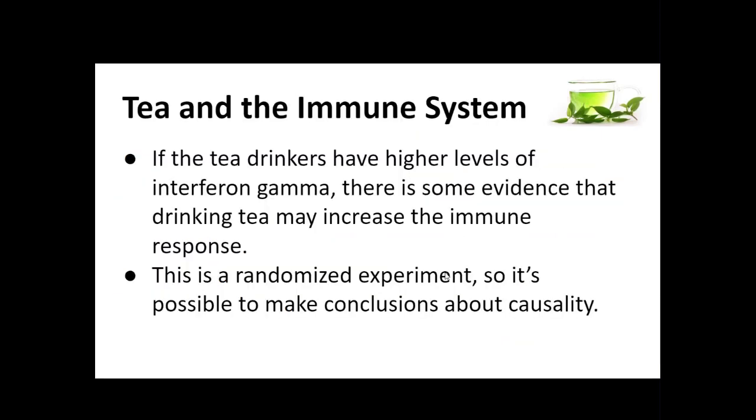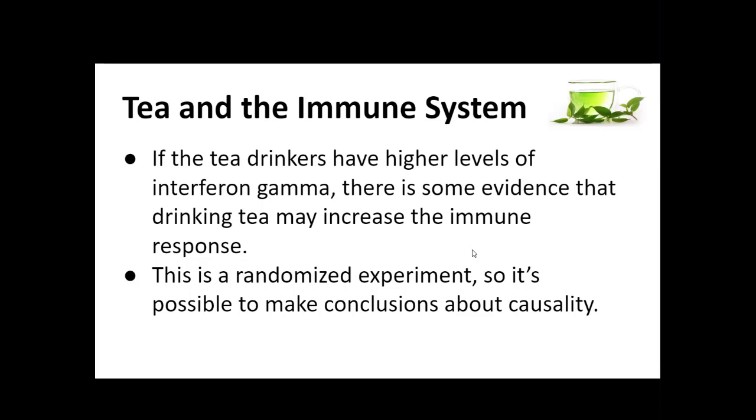Their idea was if the tea drinkers have higher levels of interferon gamma, the substance that shows that the body is reacting to this germ or foreign body, there is some evidence that drinking tea may increase the immune response. Since this is a randomized experiment, it's possible to actually make a conclusion about causality.